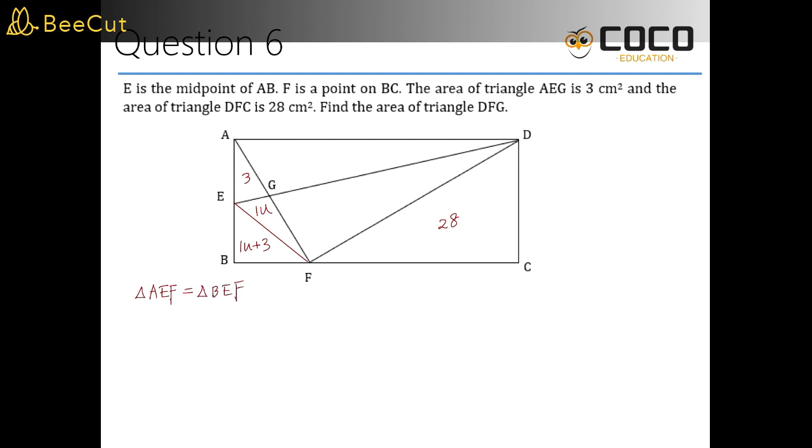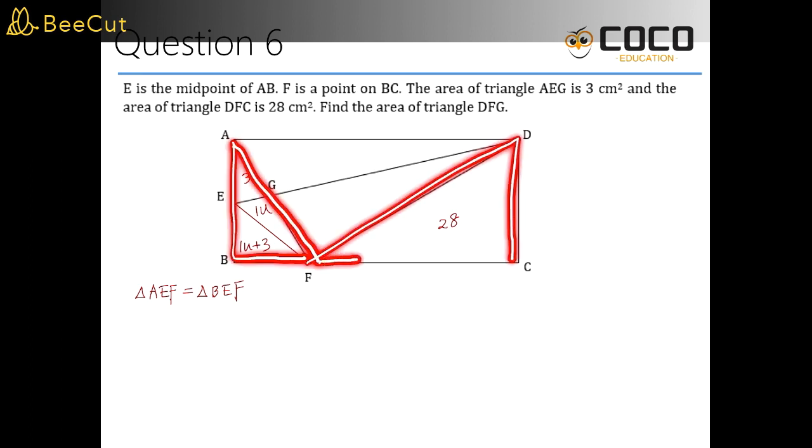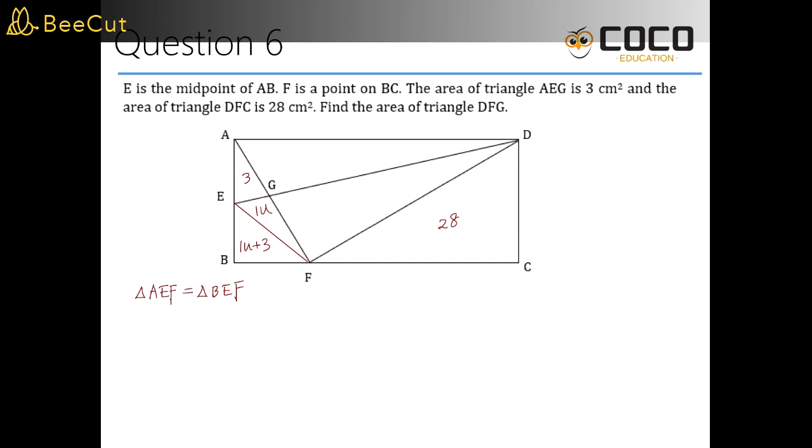Then let's check the area of triangle ABF plus the area of triangle CDF. That gives us half of the rectangle, equal to half of ABCD. The remaining area is also half of ABCD, so that's triangle ADF, which also equals half.